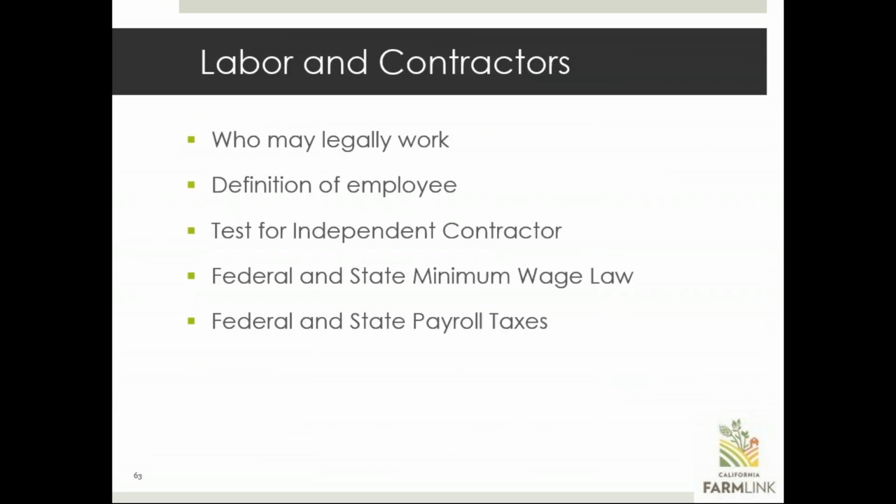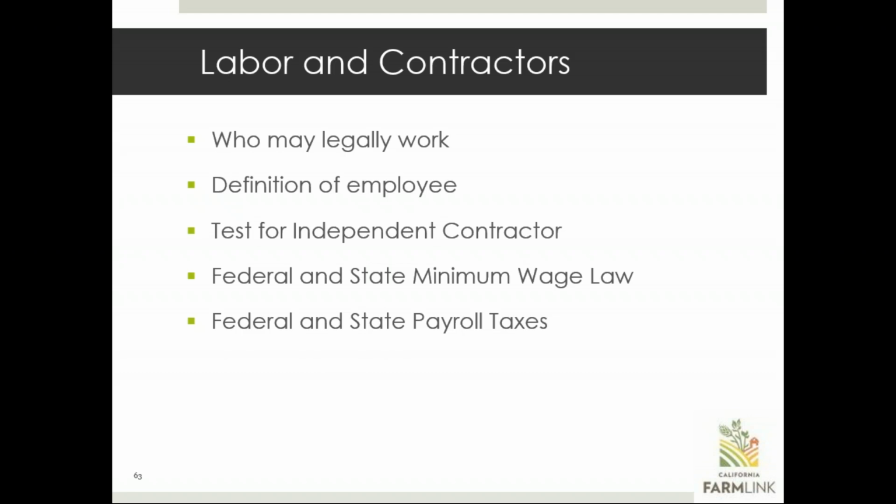So the next section of the business health assessment is labor and contractors, and I'm just wanting to note the topics that are covered there. So the first slide, labor and contractors, has a good fact sheet that is part of the business health assessment tool.